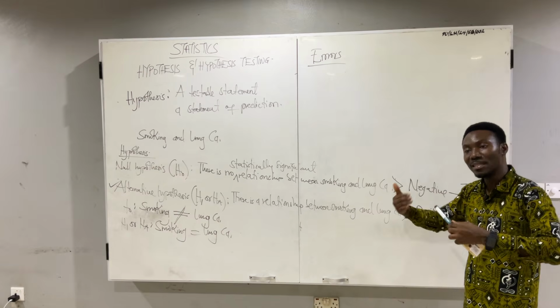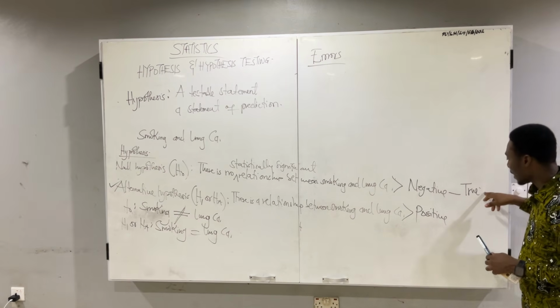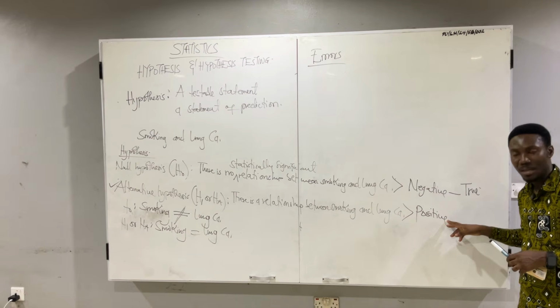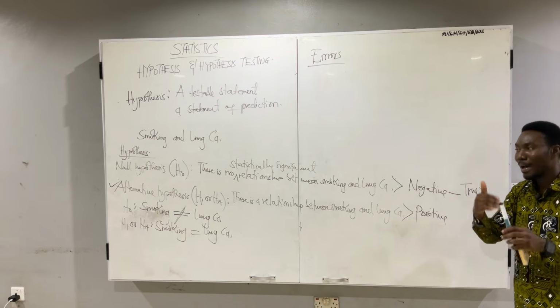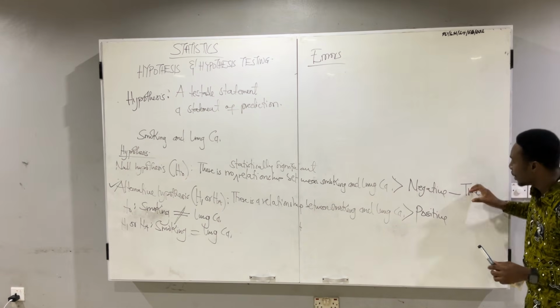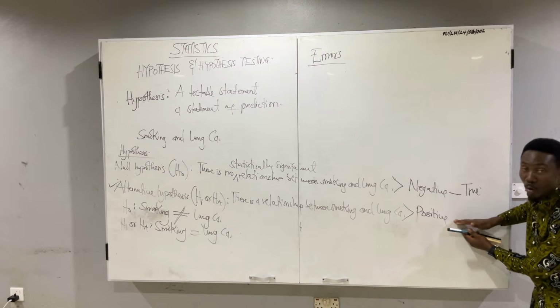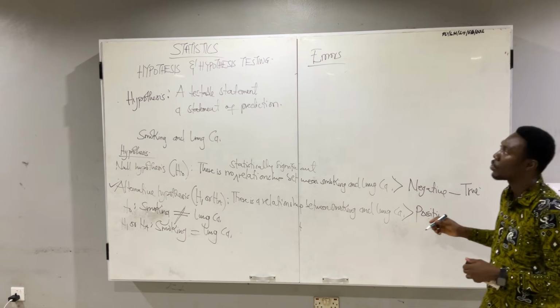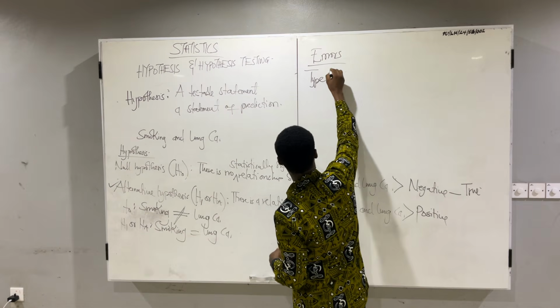But during your decision making, you rejected it. Meaning, when you reject this, it means you've accepted this. So in a situation where this null hypothesis is true, but during your decision making, you rejected the null hypothesis and you went behind the alternative, you've committed an error we call the type 1 error. Type 1 error.